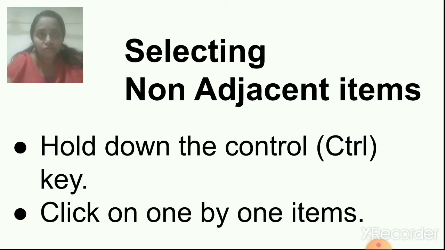Select your first item, then hold down the control key. The CTRL key is there on the keyboard. Press it and hold it, and then click one by one on the other items. Whichever you want to select randomly, you click on that item. So non-adjacent items will get selected.